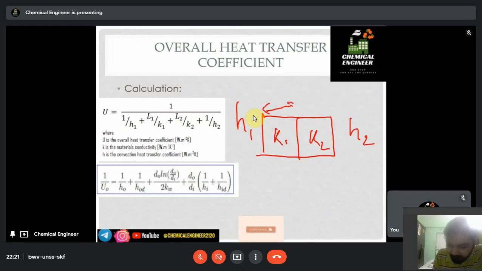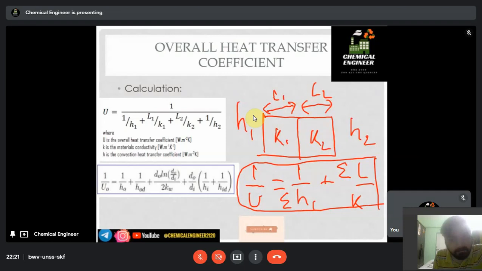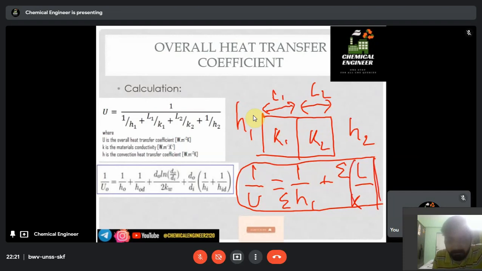This length is L1 and this length is L2. In order to calculate the heat transfer coefficient, we have one general equation: 1 upon U equal to sigma 1 upon H plus sigma L by K.